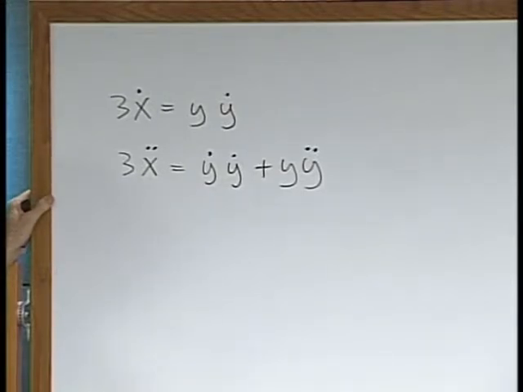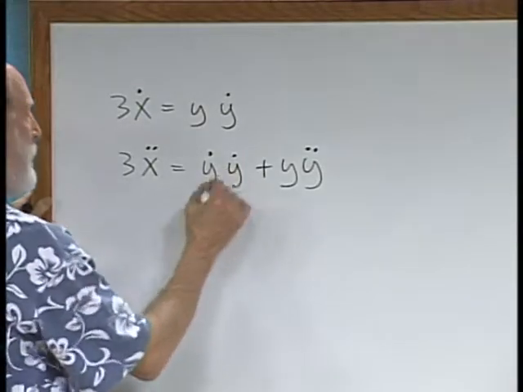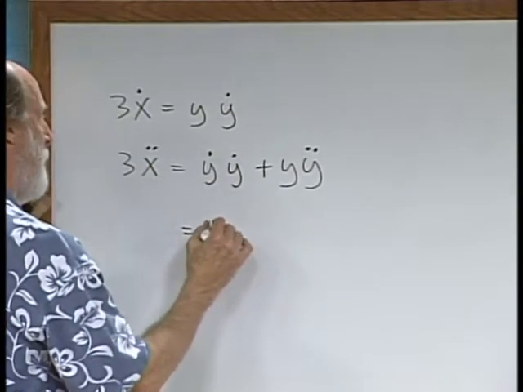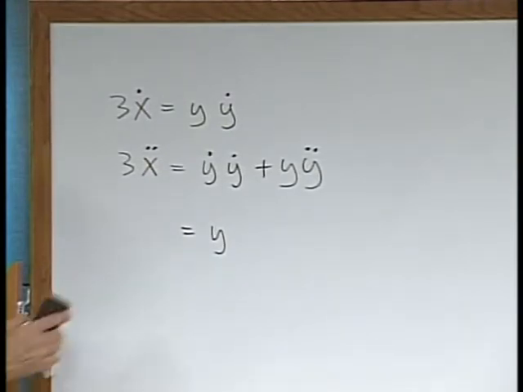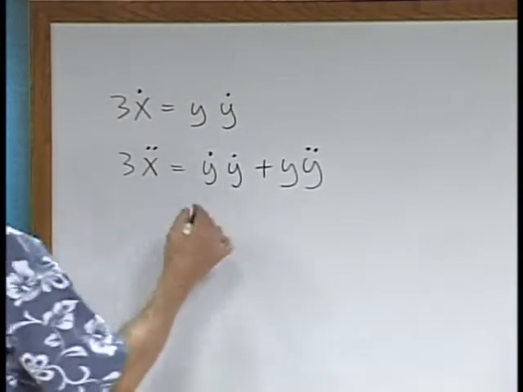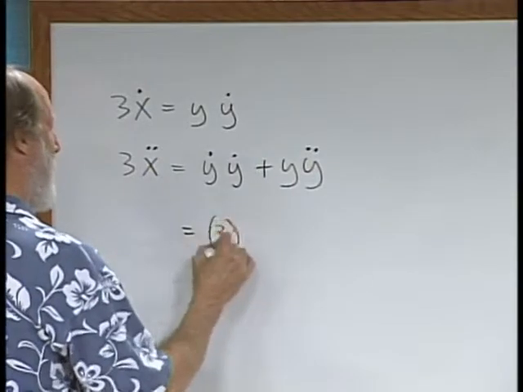Now, can we simplify anything here? Think about what we know in this problem. Yeah. y dot is equal to 3. Okay, y dot right here is 3. Oh, so that becomes 9. I like that. This becomes 3 squared.